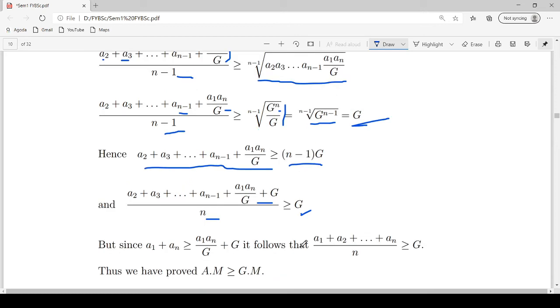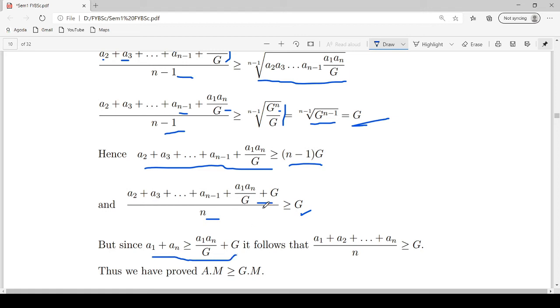Now here that fact which I had said that we will require in the proof will play its role. What was that fact? You had proved that a1 plus an is greater than or equal to a1 into an upon g plus g.